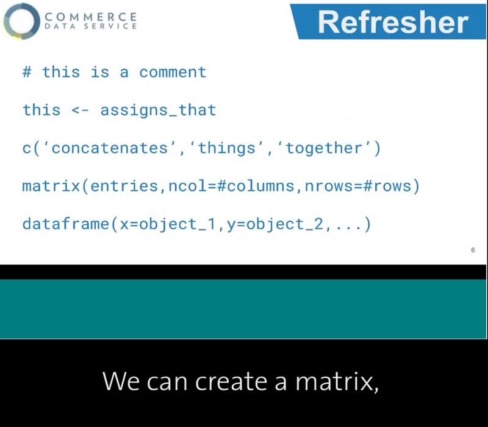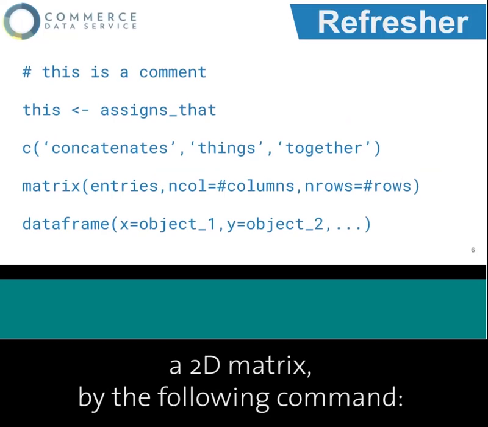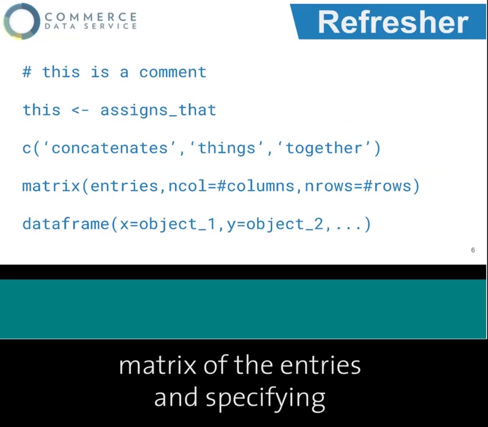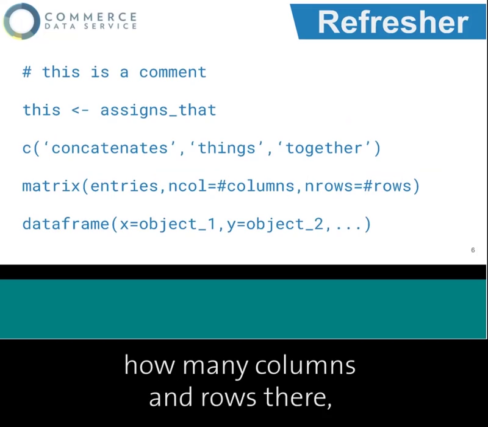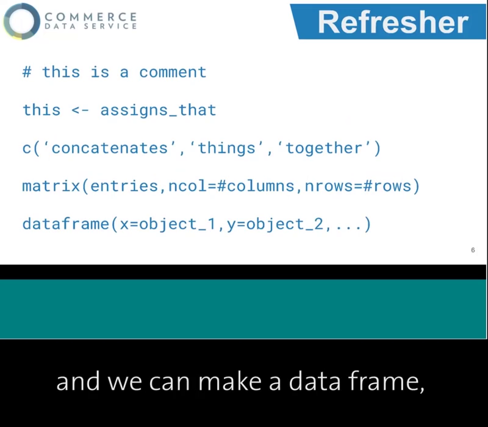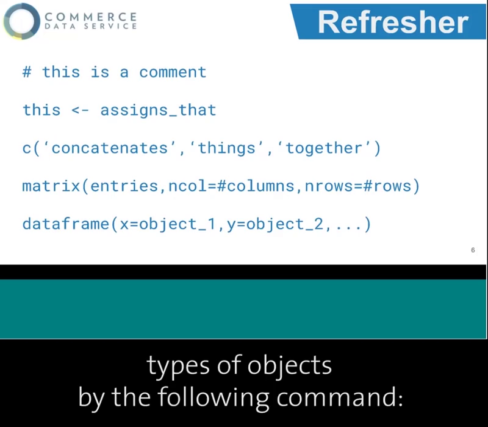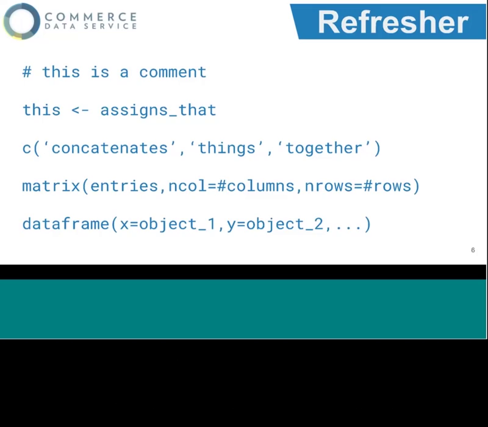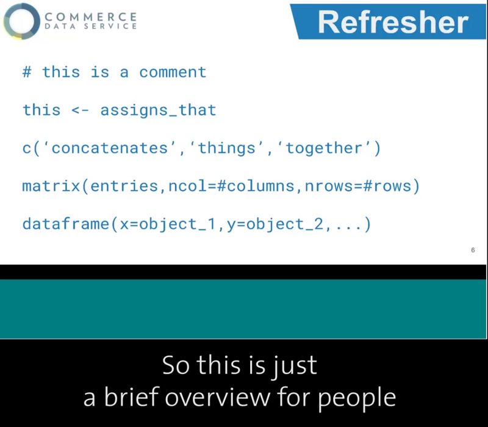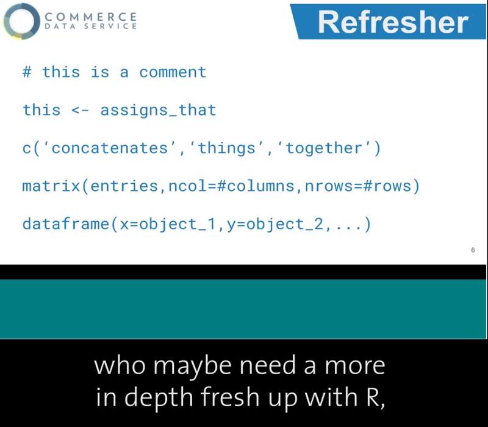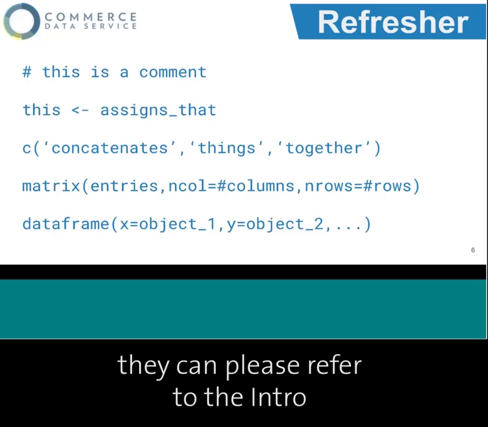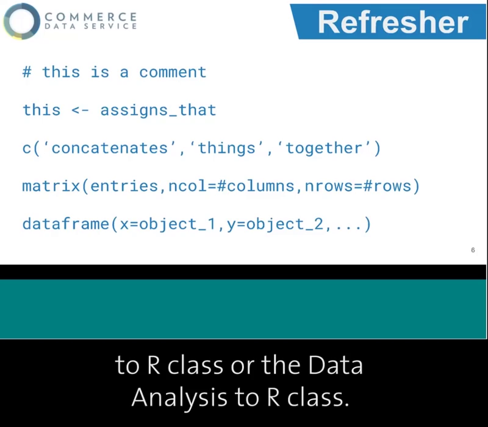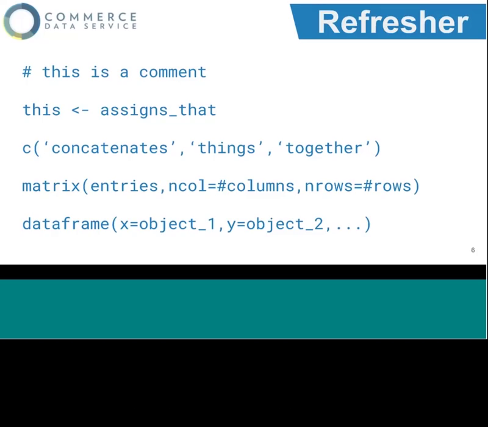We can create a 2D matrix by the following command, matrix of the entries, and specifying how many columns and rows there are. And we can make a data frame, which is a list of different types of objects, by the following command, data.frame of each object, and so on. So this is just a brief overview. For people who need a more in-depth brush up with R, please refer to the Intro to R class or the Data Analysis with R class.